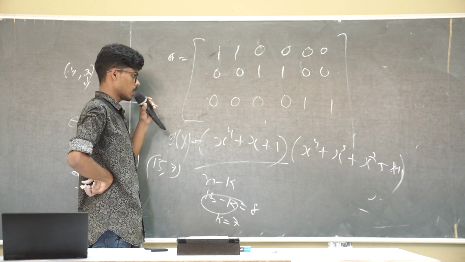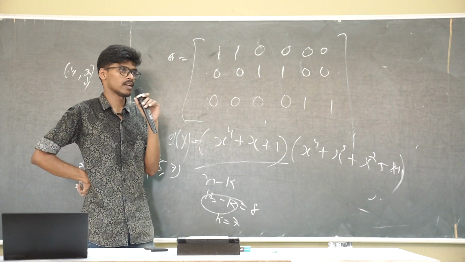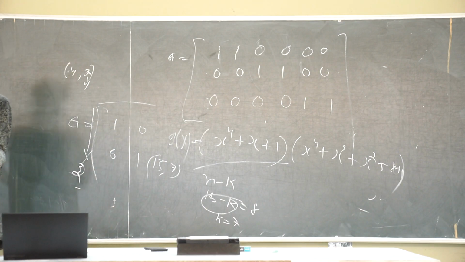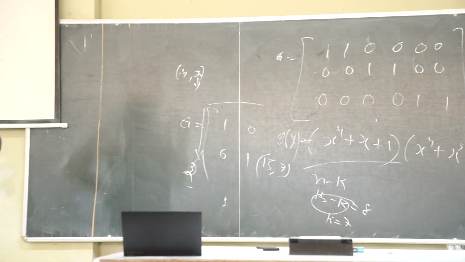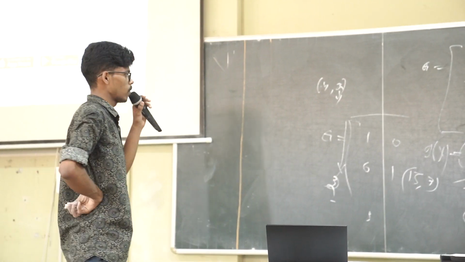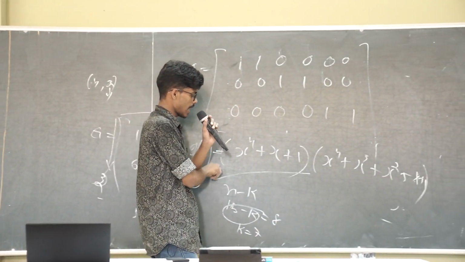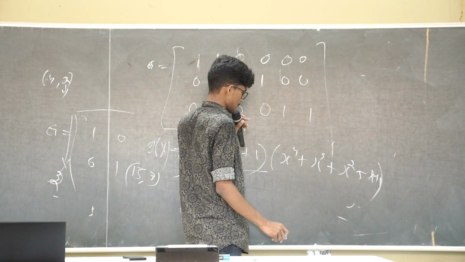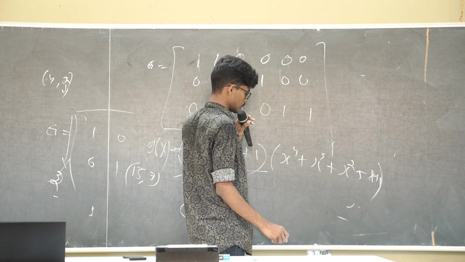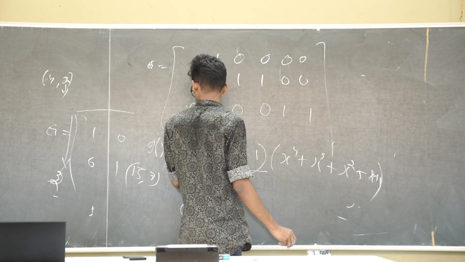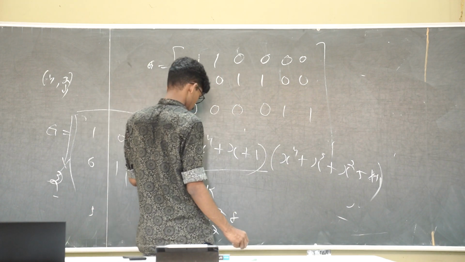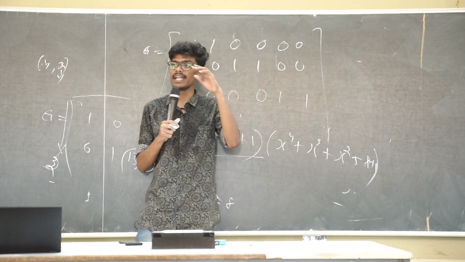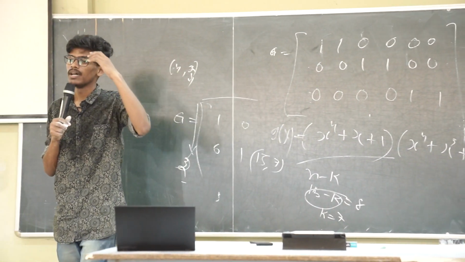Either you can find all the possibilities and check, or use the property of cyclic block codes. It is in your notes now.